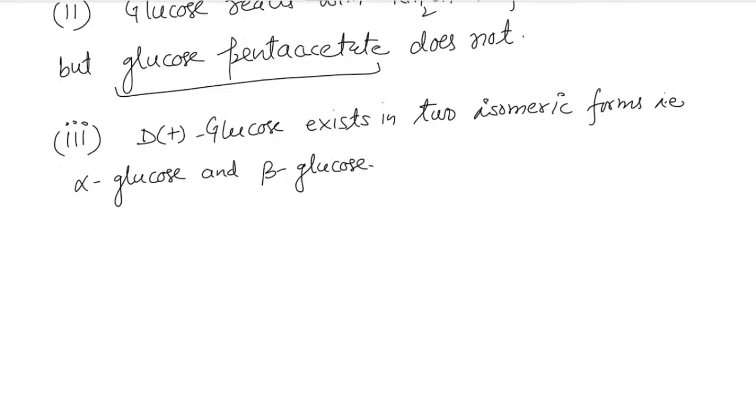Okay. Now, alpha D plus glucose and beta D plus glucose are not explained by the open chain structure, right. So, these are the three limitations of the open chain structure. Even other limitations are there, but we have to cover these three limitations.